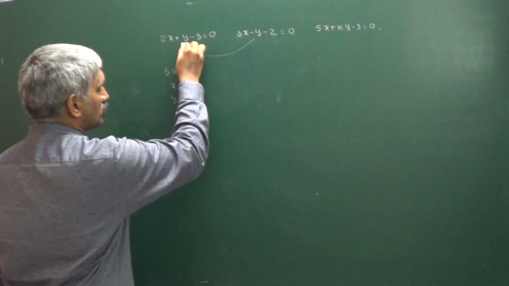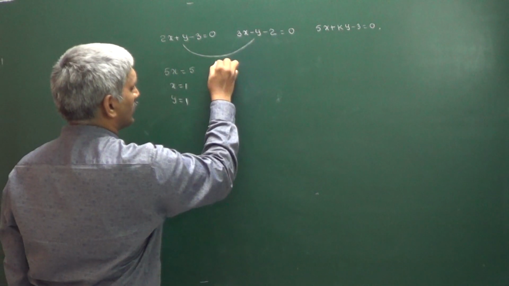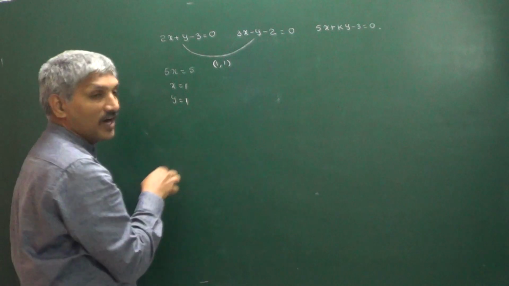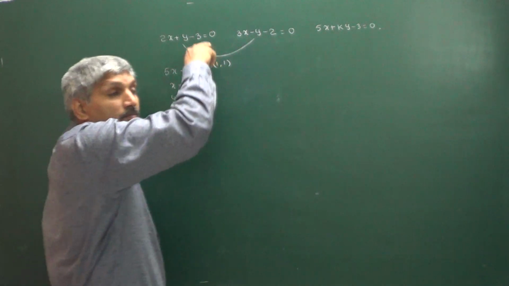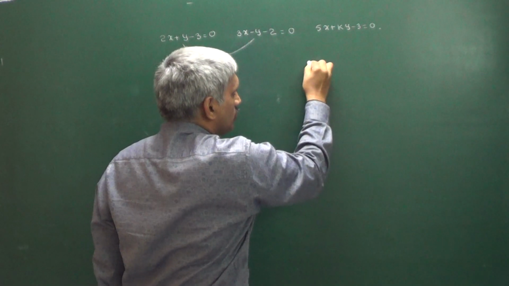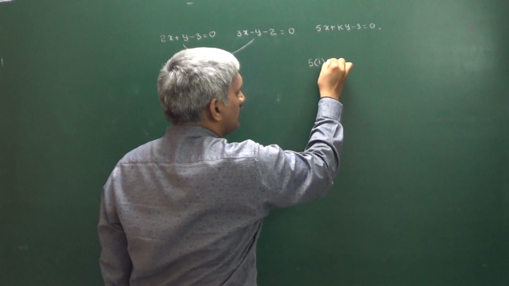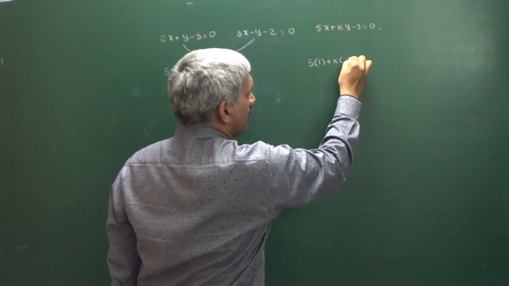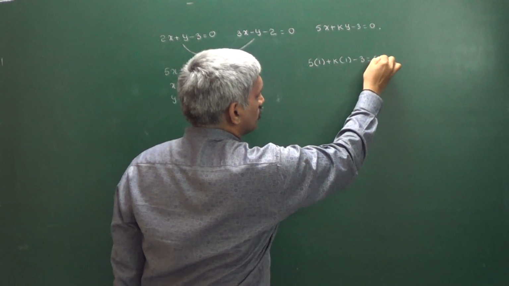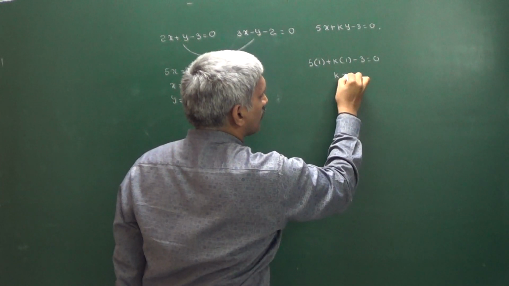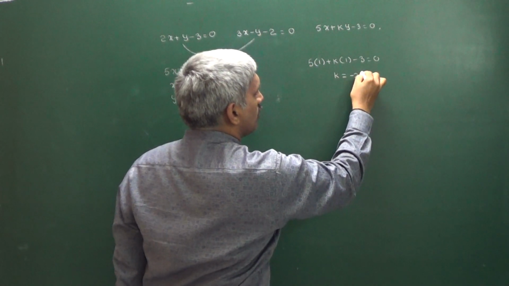That's why the point of intersection of these two lines is (1, 1). This (1, 1) must lie on this line. So you will get 5 into 1 plus k into 1 minus 3 equals 0. Therefore, the value of k must be equal to minus 2.